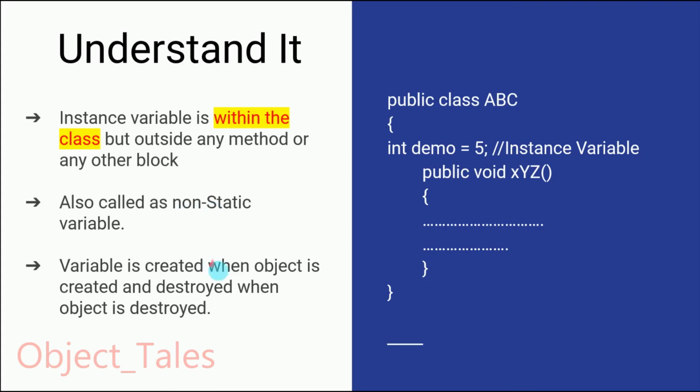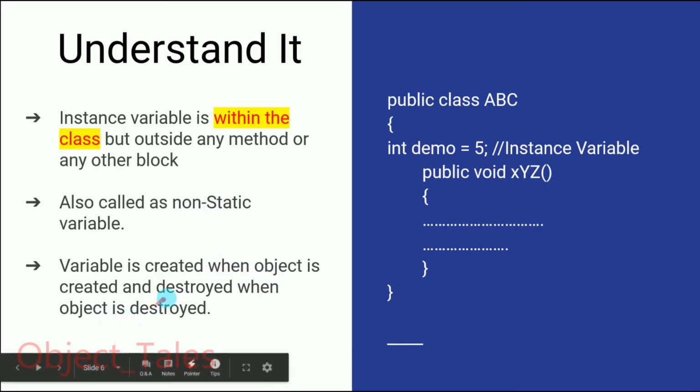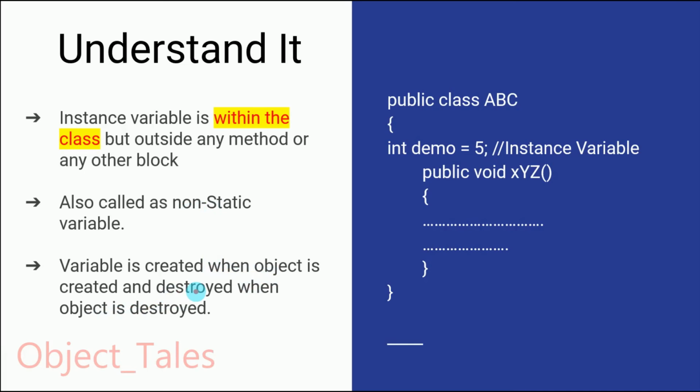Whenever an object is created, the variable is also created, meaning it is initialized, and whenever the object is destroyed, the variable is also destroyed. If you remember in local variable, I mentioned that if the method completes its tasks, the local variable will automatically get destroyed from that method.